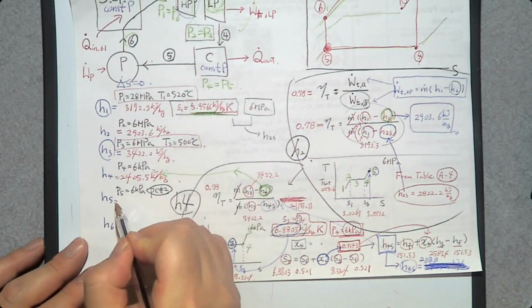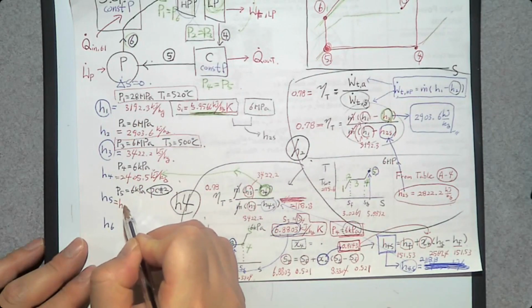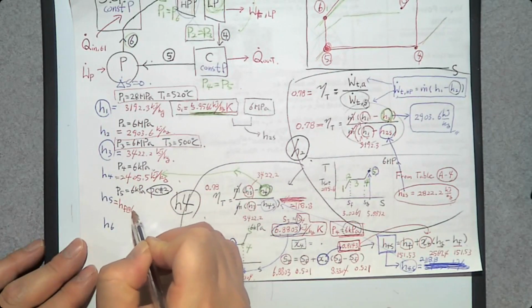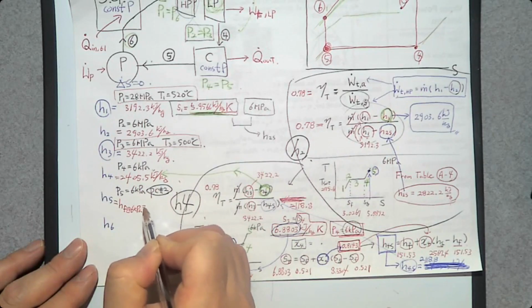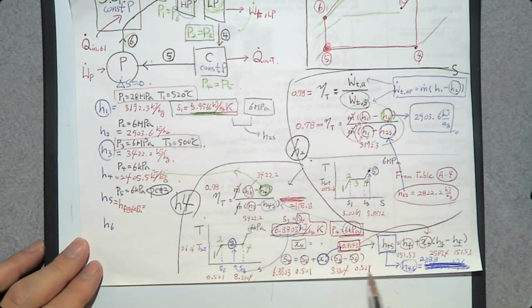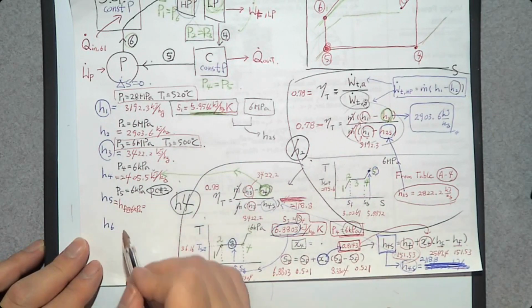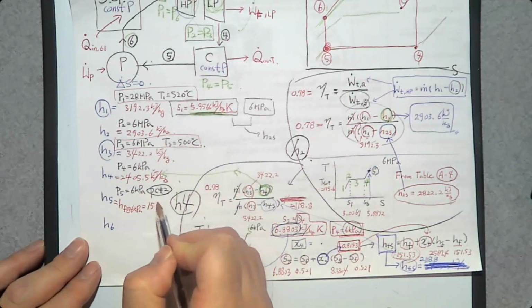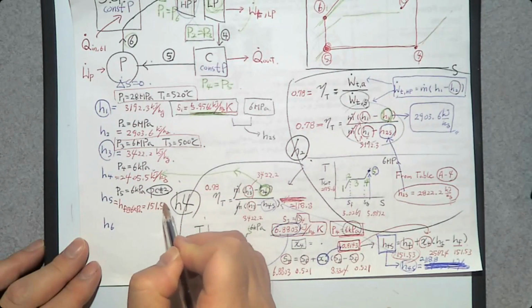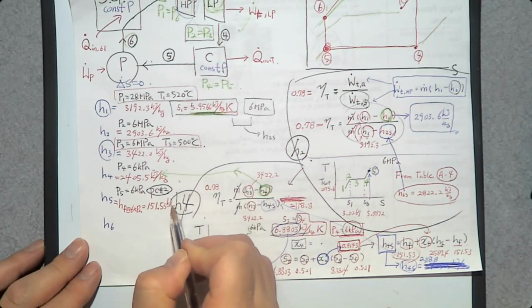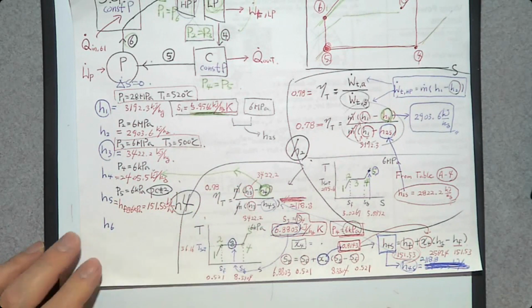Therefore, H5 is going to be HF at 6 kilopascal, that is 151.53 kilojoule per kilogram. That was simple.